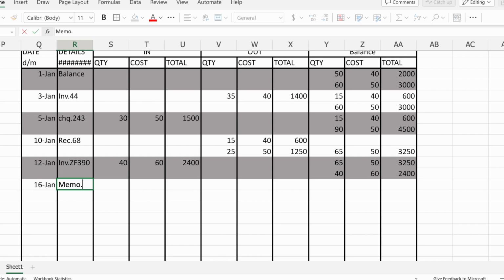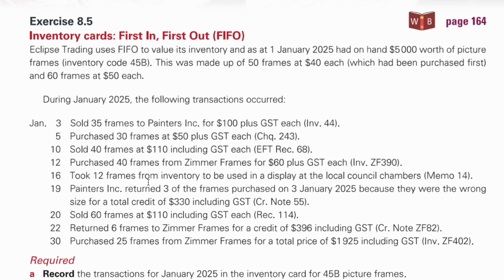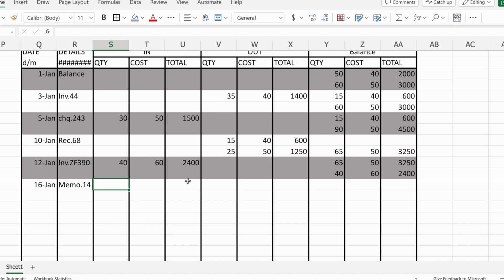Memo 14. And then they took 12 frames. So it's an inventory loss this time. Since they took out 12 frames, it goes in the out section.